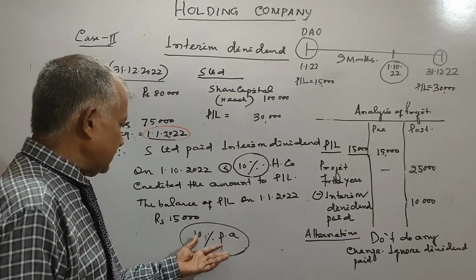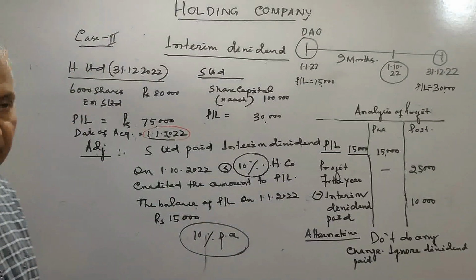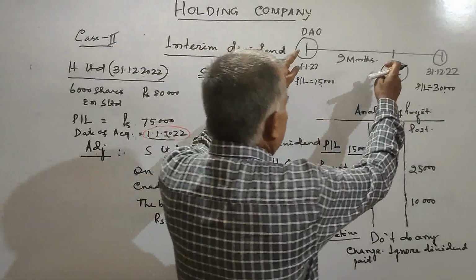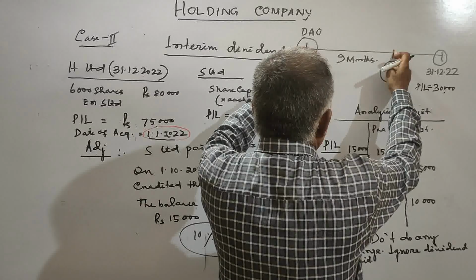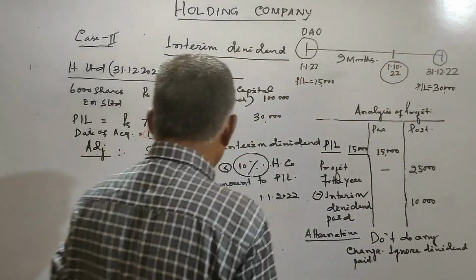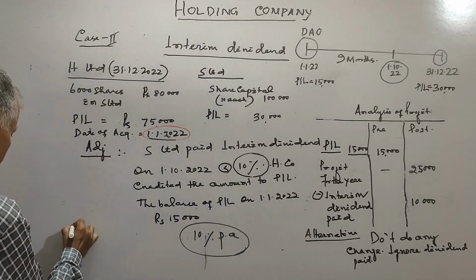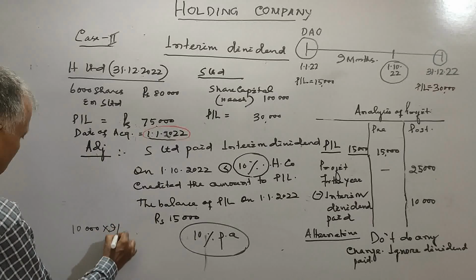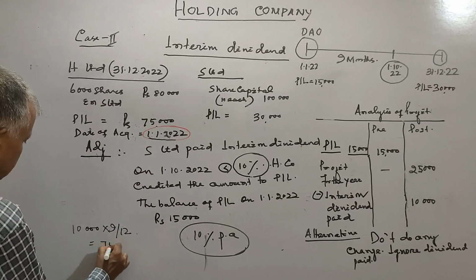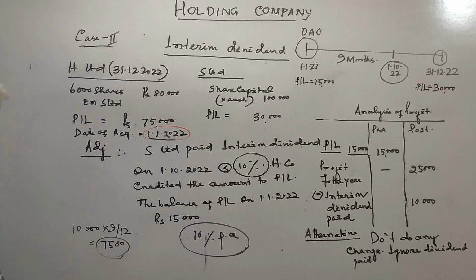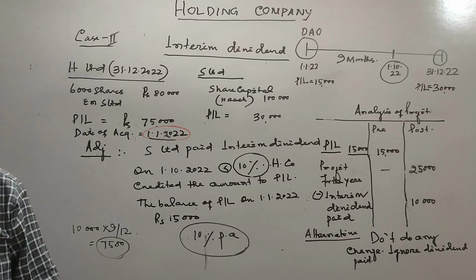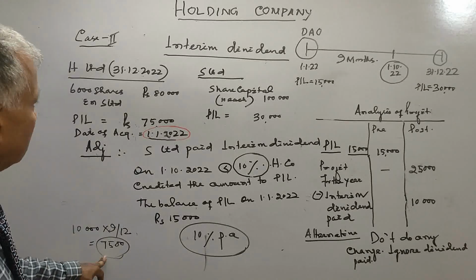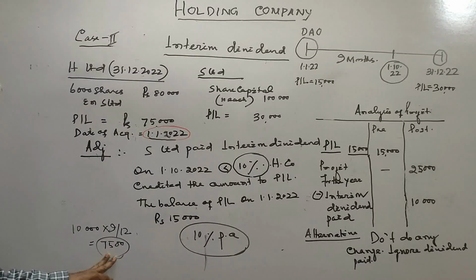Suppose it is say 10% per annum. Friends, if it is 10% per annum, you have to calculate dividend for this period, that is 9 months. So for 9 months, 10,000 is the dividend at 10%, 9 by 12. This is 7,500 will be the total amount of dividend. Out of this, 60% is the holding company share.